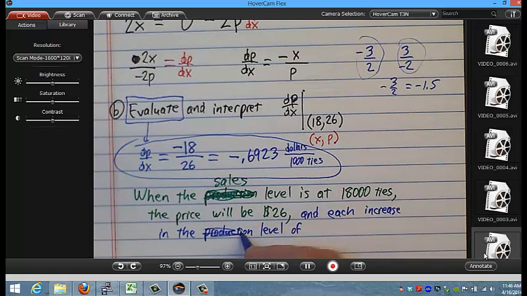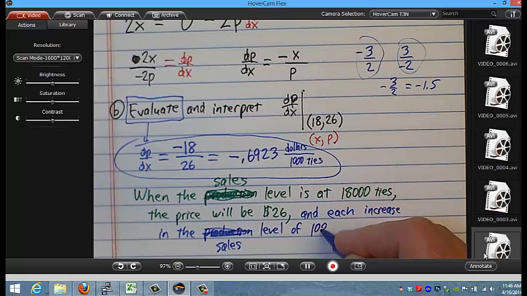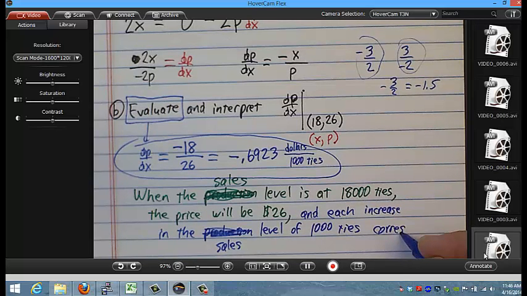What should I say? Sales level, let's say. Of 1,000 ties corresponds to a drop in price by, well, only 69 cents.